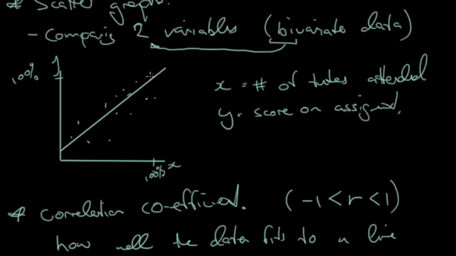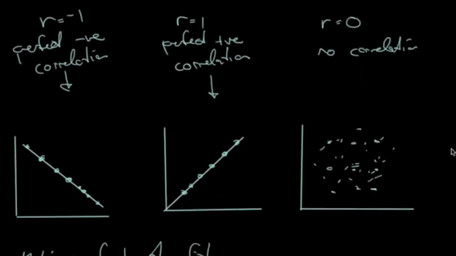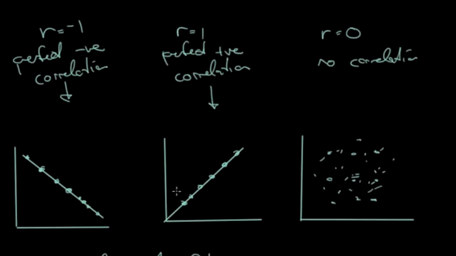If you can draw a line of best fit, and the correlation coefficient isn't 0, then theoretically you can use it to make predictions. And the accuracy of your prediction is related to the R value.